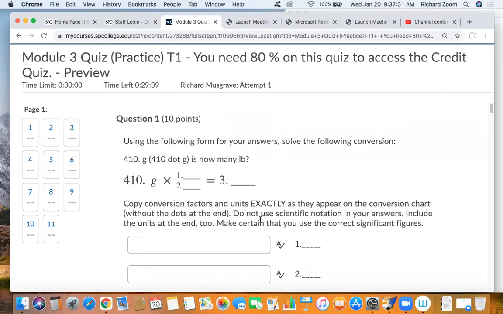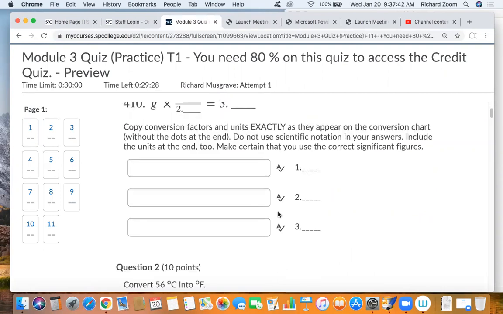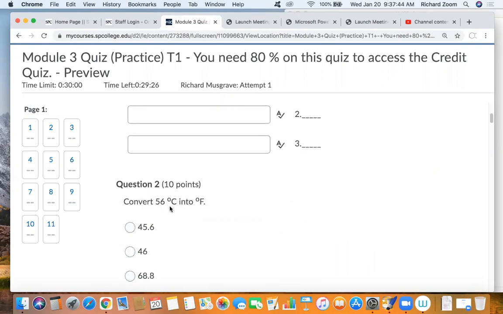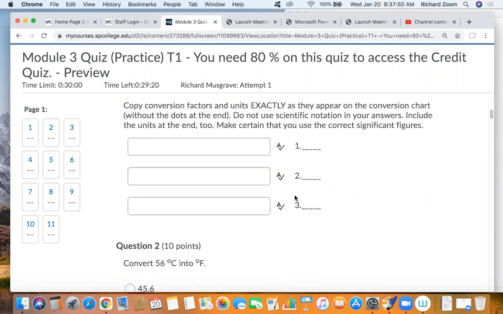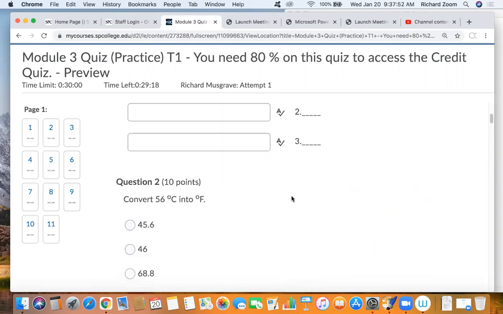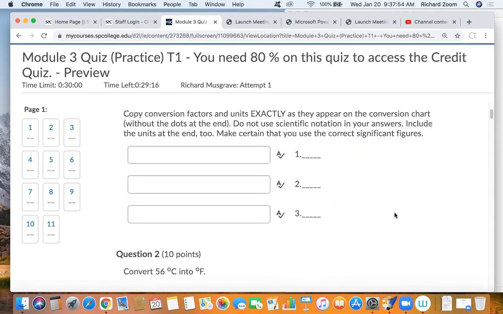I'm teaching this intro to chem class as well. I know I went through temperature conversions. Actually, I think I went through temperature conversions with you all and talked about the significant figures with that. So that's something to be aware of when you're doing these, making sure you're getting significant figures right.